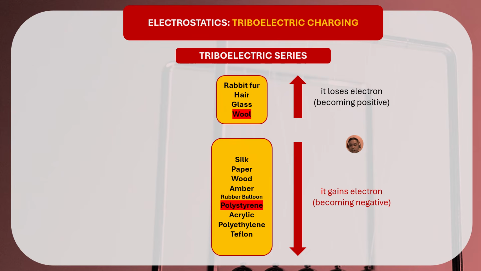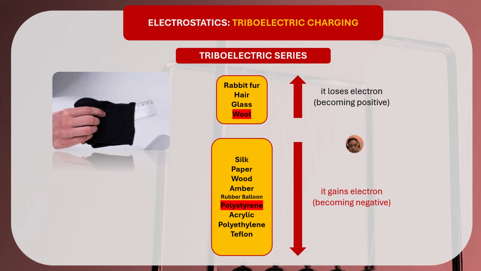So as you go up the series, they will lose electrons, so their electrons will be decreased. And then in that case, there is an imbalance of electrons. The protons are greater in number than the electrons. So that's why they become positive, because they free electrons.